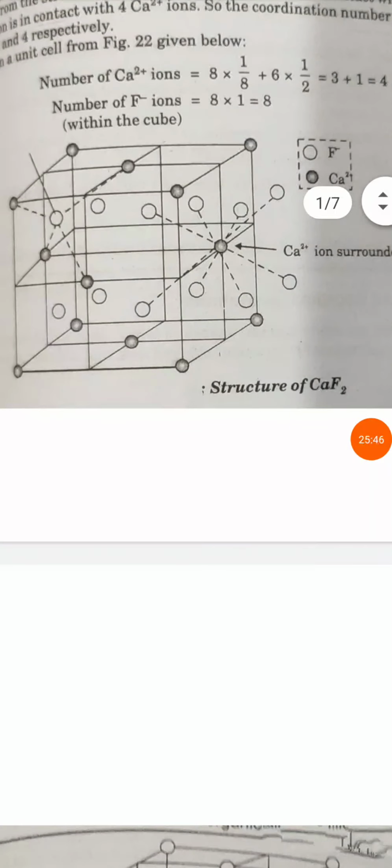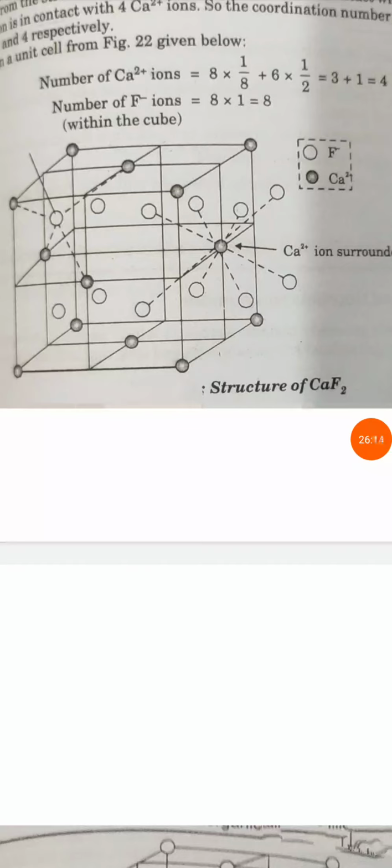Similarly, for rubidium iodide, the radius ratio comes out to be 0.68, and the value lies within the limiting value of 0.414 to 0.732, hence the coordination number is 6. Rubidium ions occupy octahedral holes and iodide ions form the CCP arrangement.